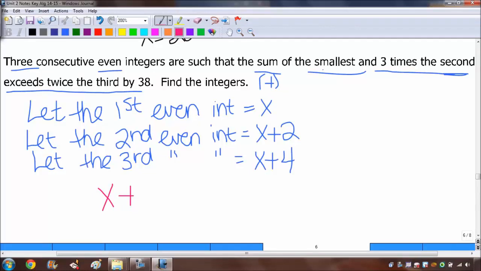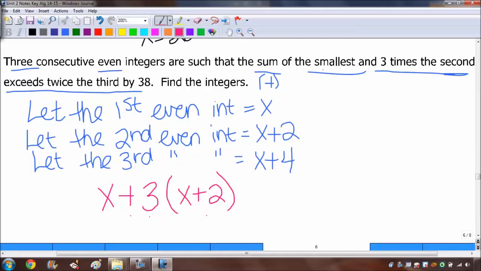So I'm going to take the second number and I'm going to multiply it by 3. But if it's 3 times the second, it's the entire expression. I must have parentheses around the x plus 2. Okay? So again, I'm taking it little by little. The sum, I've got that in my equation, and I'm adding the smallest, which is x, and 3 times the second, so here's 3 times the second, exceeds.